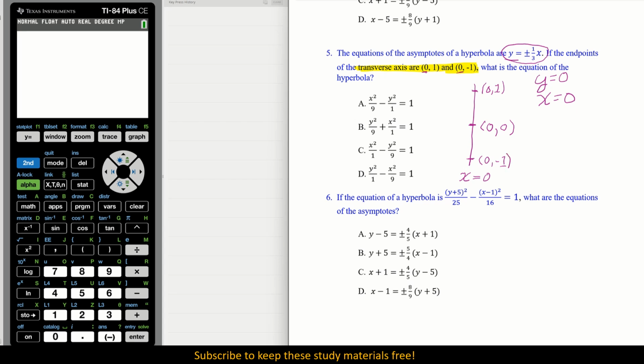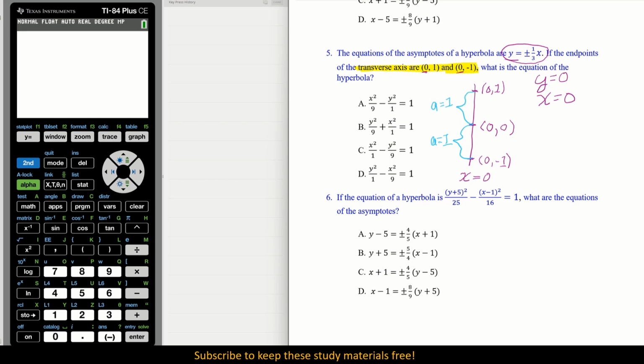And since we need to associate our axis, our a is going to be along our major axis. I know that a is equal to 1 because we have plus or minus 1 from the origin. So all of this tells me we should have y squared over 1.